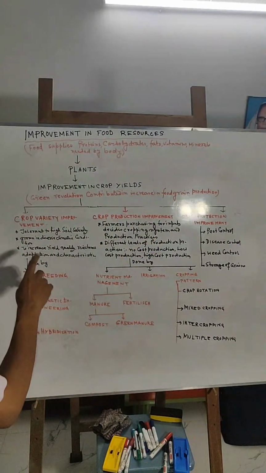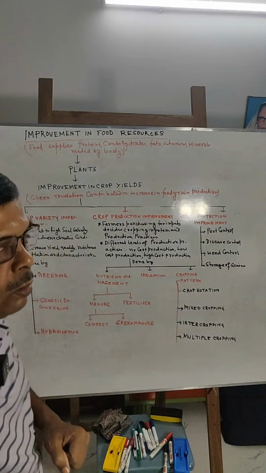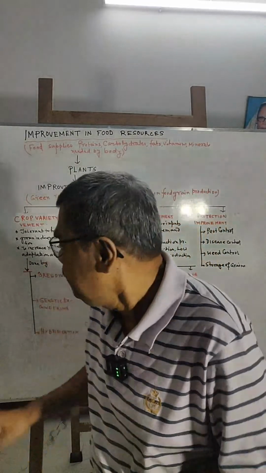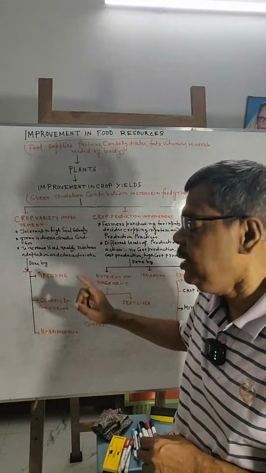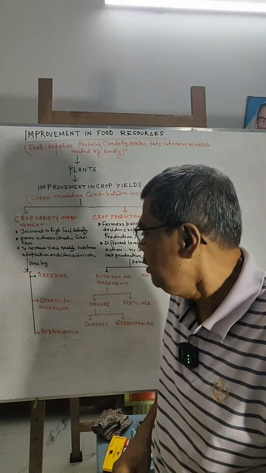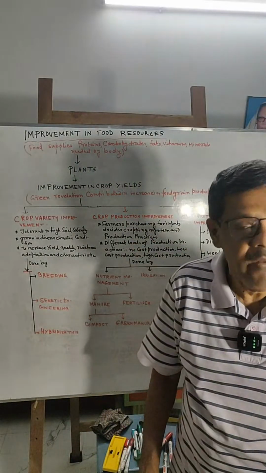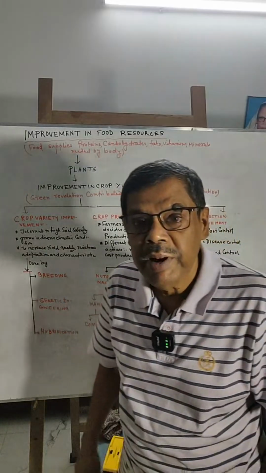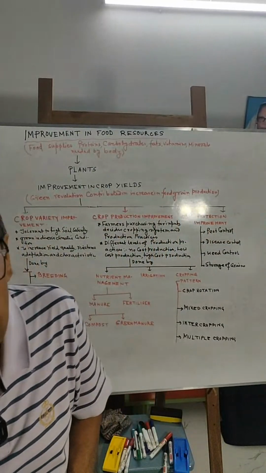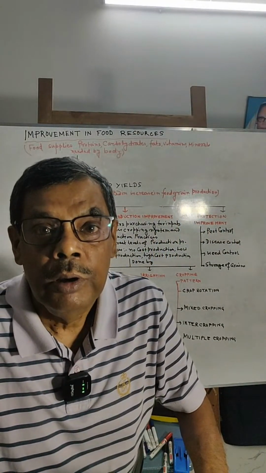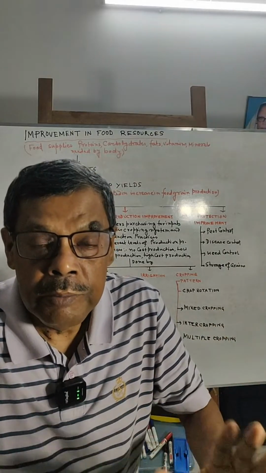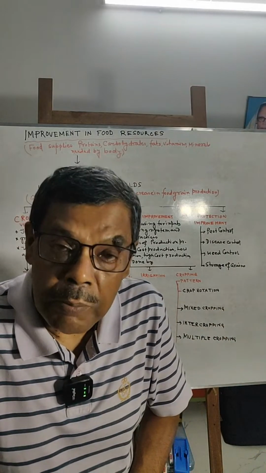Next, this improvement of crop variety is done by 3 processes: first is breeding, second is genetic engineering, third is hybridization. These three processes are used for the improvement of a crop variety.